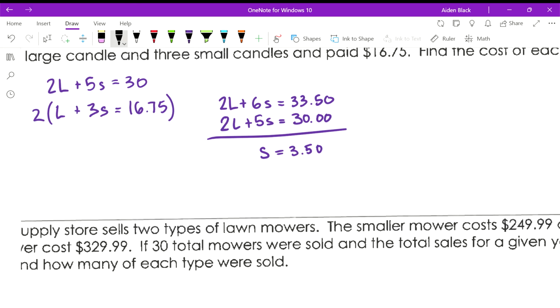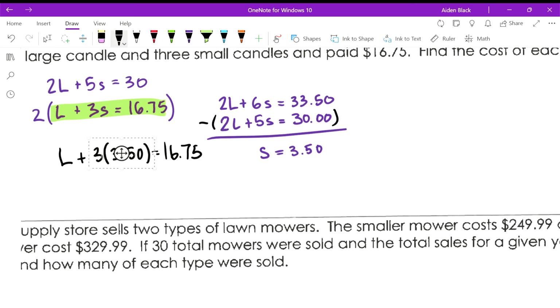And just make sure we show that we've subtracted. So now that I know how much a small candle costs, I can plug it into whatever equation I want. I'll just plug it into this equation here. So we have 1 large candle, plus 3 small candles that cost $3.50 each, equals $16.75.